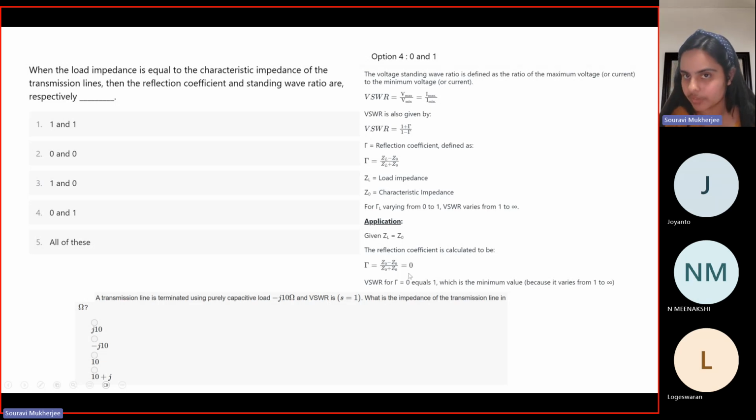That means there is no reflection, and this hints at the fact that the impedance must have matched. So the impedance of your load should match your transmission line. If the load impedance is minus J10 ohm, then the transmission line should have the same impedance, which is again minus J10. This is how very straightforward questions can come from this concept.